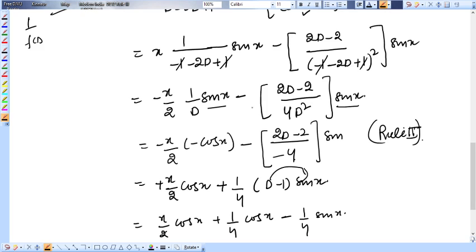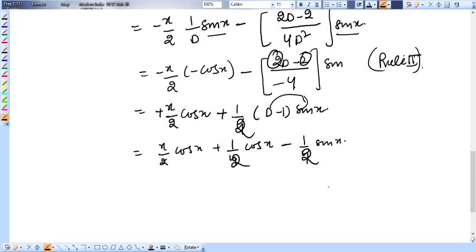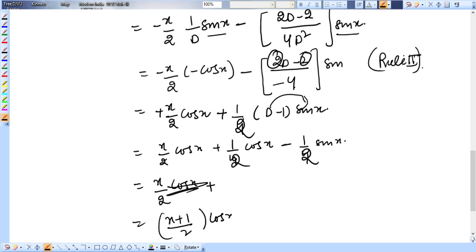We forgot to cancel this also, so it is 2. So this is the solution: x by 2 cos x plus, or you can club this cos x, you can write it as (x plus 1) divided by 2 cos x minus half sin x.